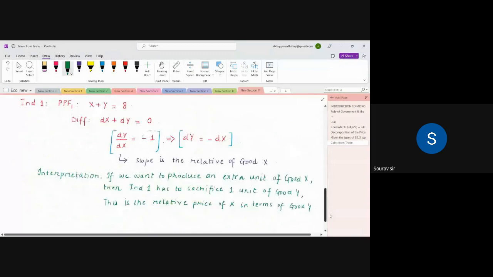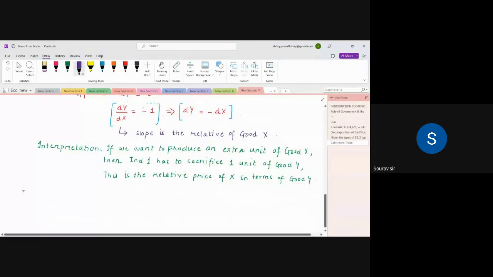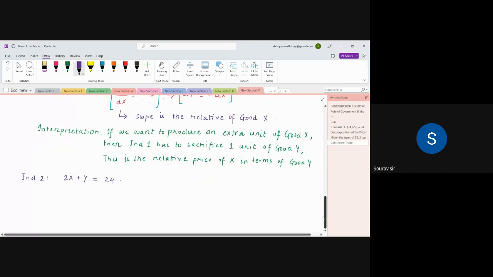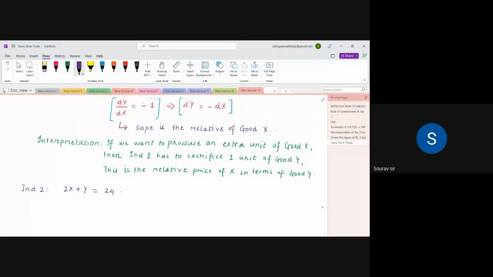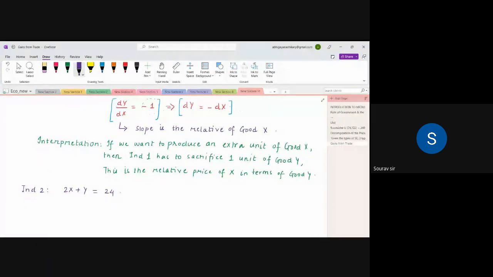Now, similarly, can someone tell me what will be the relative price of good X for individual 2? This is my PPF: 2x plus y equals 24. Can someone quickly tell me what it is coming out to be? Minus 2.